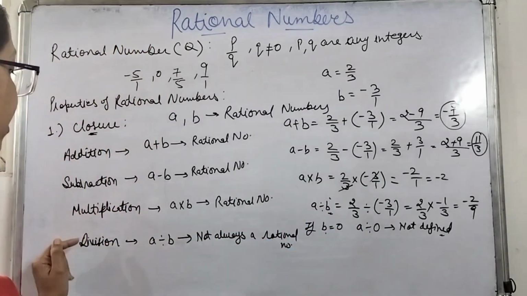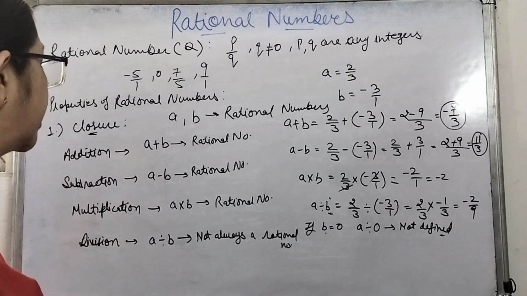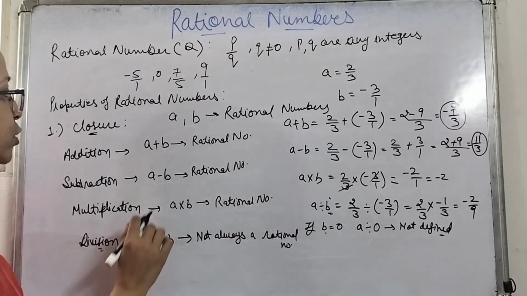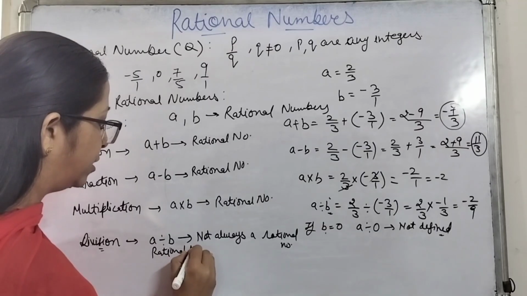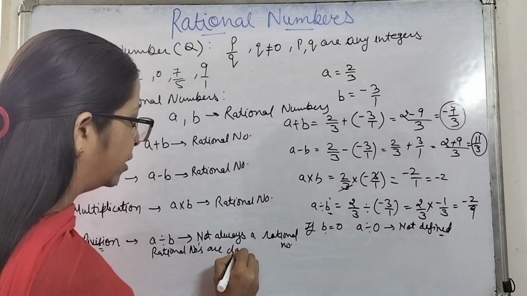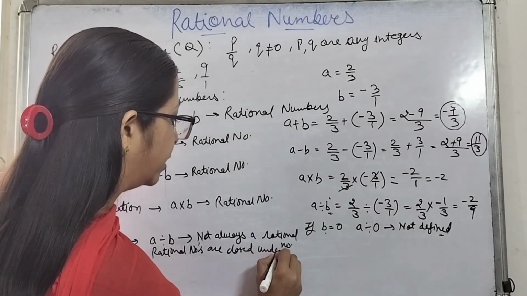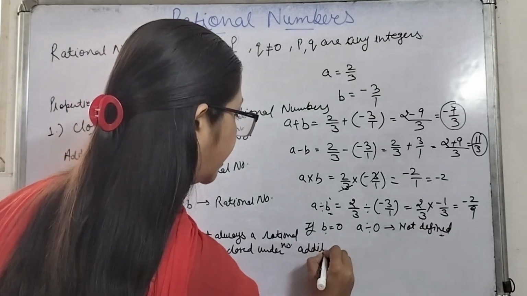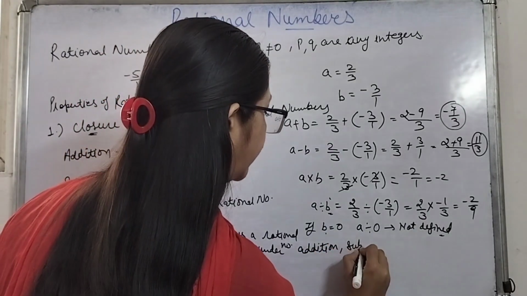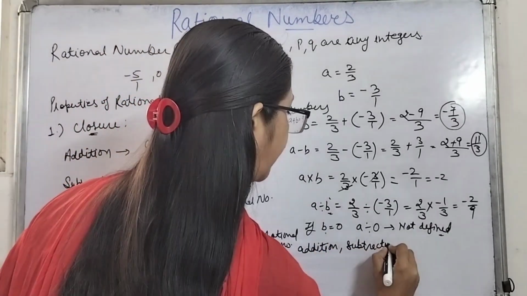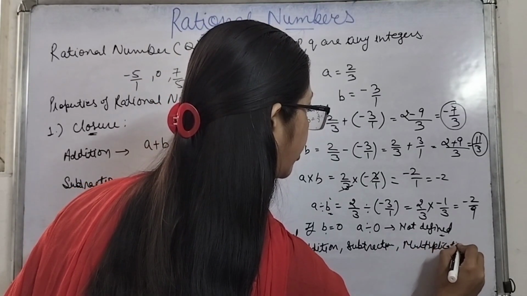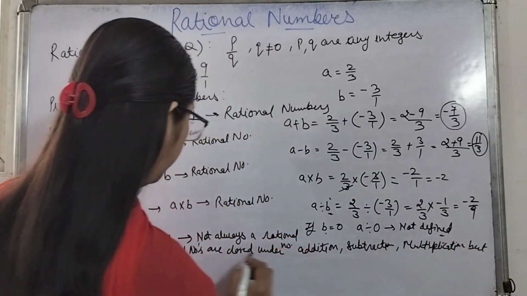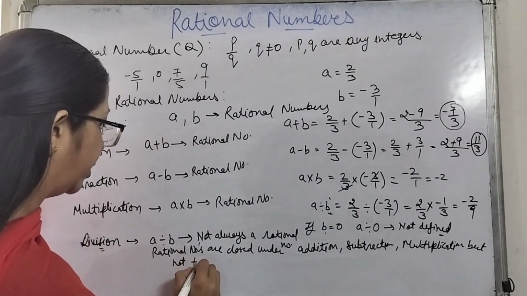So rational numbers are closed under addition, subtraction, and multiplication, but not for division.